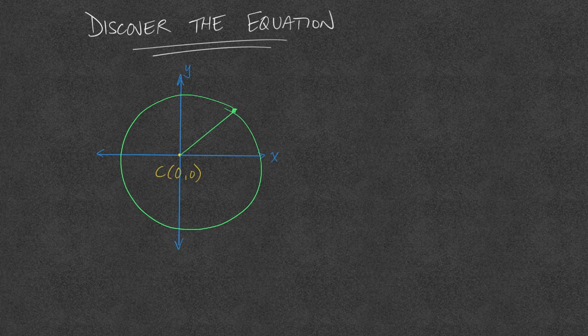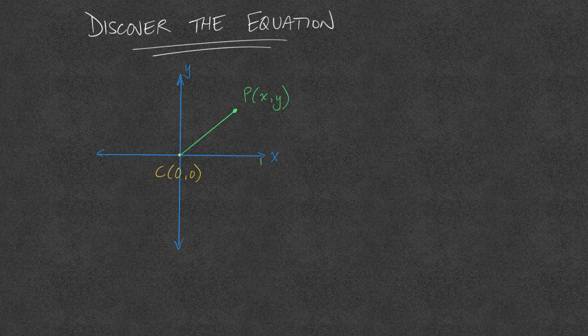Okay, I want to get rid of all that green that I just drew with the exception of our radius. What I can do then is say that at the end of that green line, that radius, I'm going to put on a generic point. We should be comfortable by now to denote generic points as point x, y.